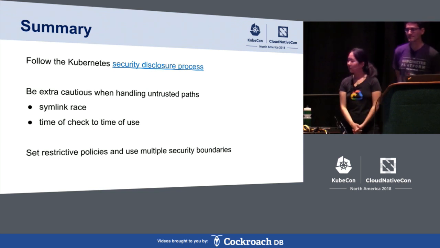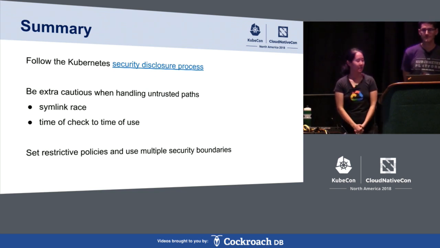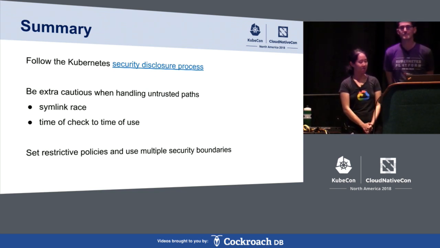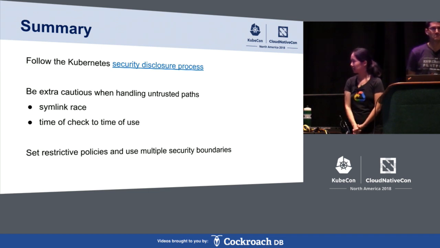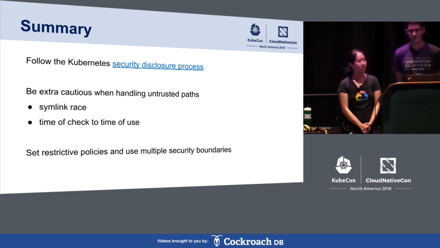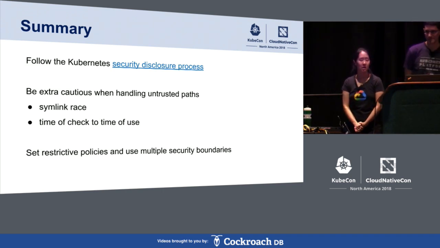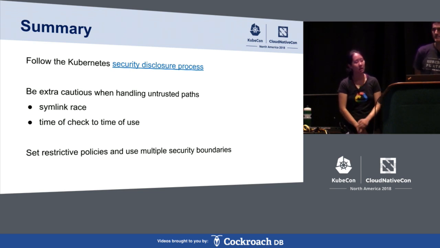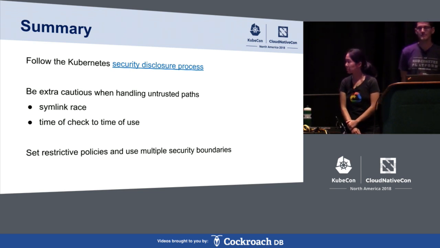All right, so that is our full story. I know that was a lot of information that we packed into here. So to summarize the key points, first, if you ever think you found a security issue in Kubernetes, please responsibly disclose the issue by following our documented process. Next, be extra cautious when handling untrusted paths in your own programs.